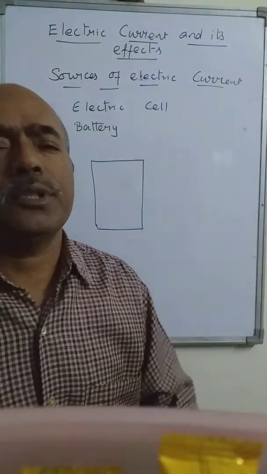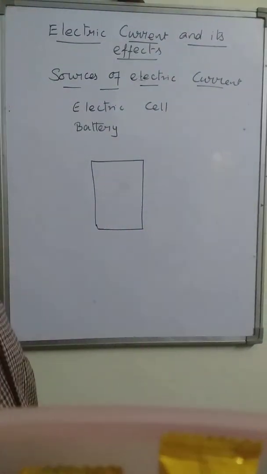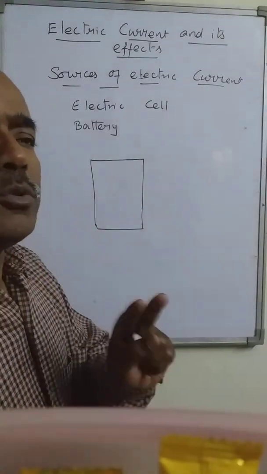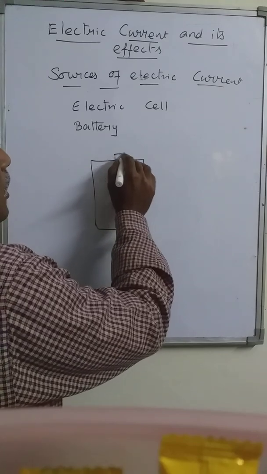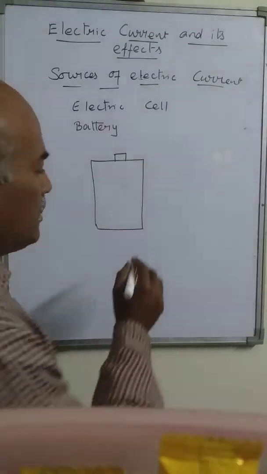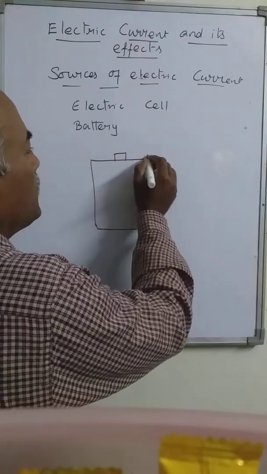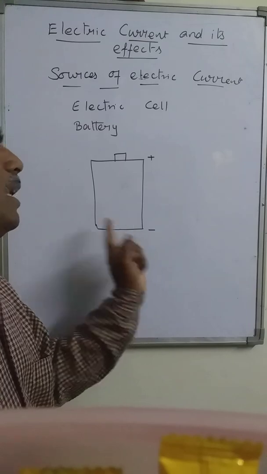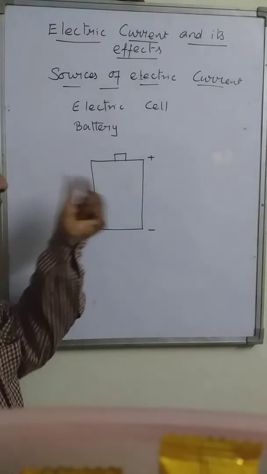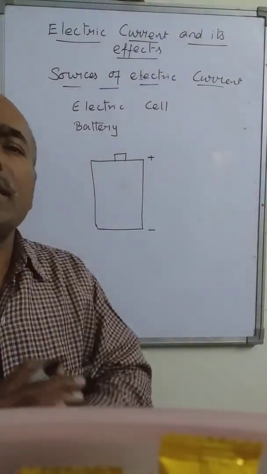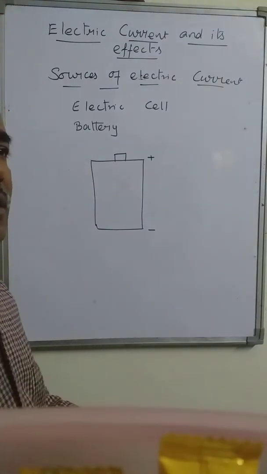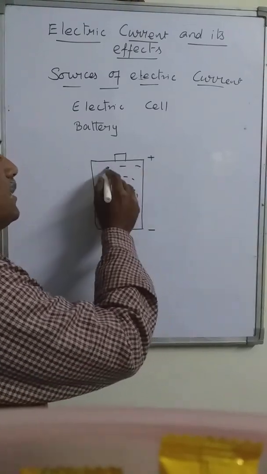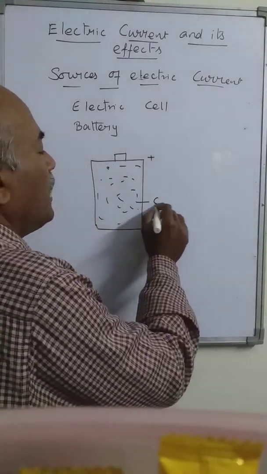This cell has two terminals, one negative terminal and another positive terminal. The button-like structure is the positive terminal. Inside the cell, some chemicals are stored. So that means inside the cell we have chemical energy.